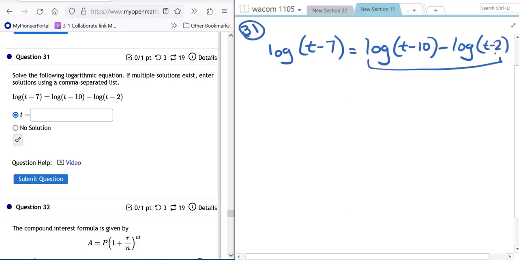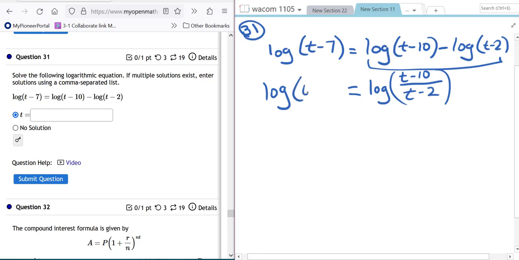It is a subtraction, so it will be a quotient. So the log of (t minus 10) over (t minus 2) equals the log of (t minus 7). And so you can drop the logs. That's all you have on both sides, and set the arguments equal.